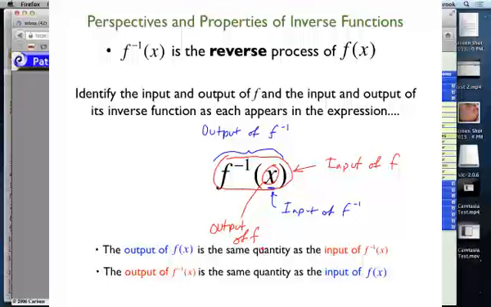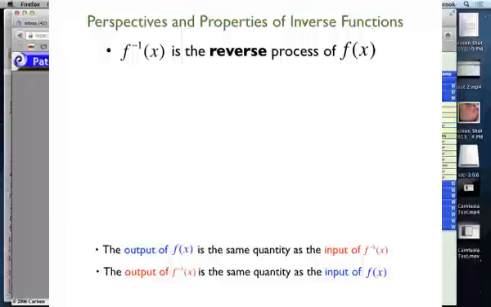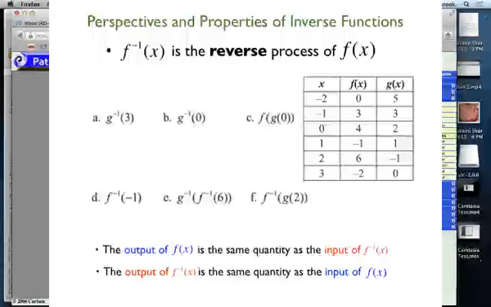Anybody have a question? Okay, so on page 103, number 4, you got something like this in your book. Here's an example where you really need to identify what you see as input or output of the correct function in order to solve this.